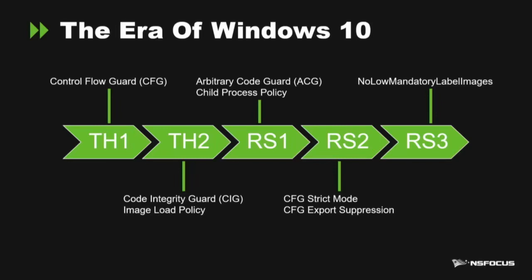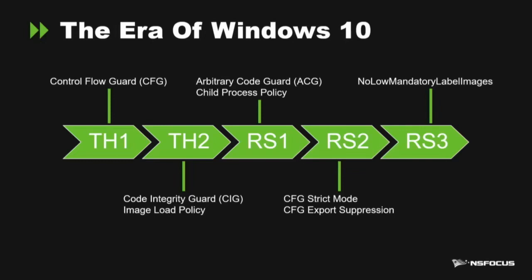In TH2, we got CIG and image load policy. In RS1, we got ACG and child process policy. In RS2, we got CFG strict mode and CFG exporter suppression. And finally, in RS3, we got no low mandatory label image. That's an extension of the image load policy.